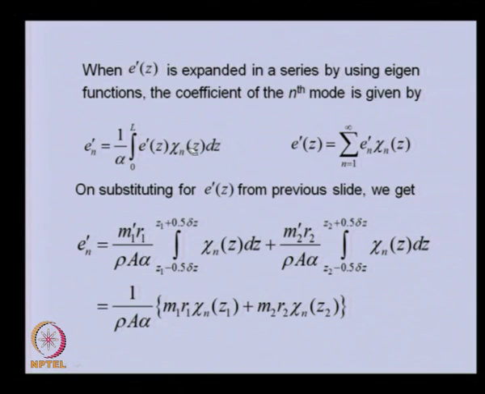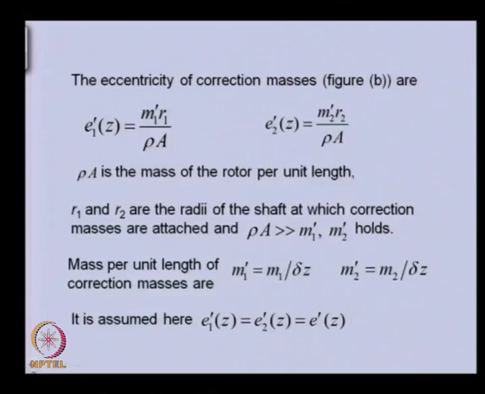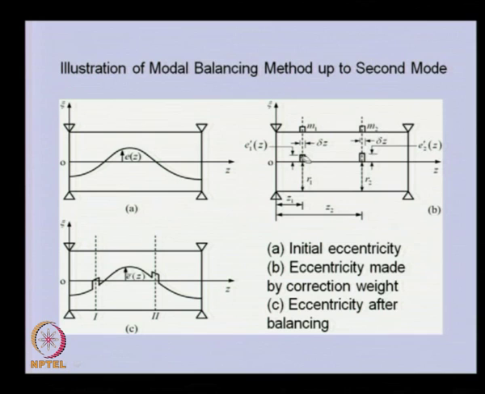Now, in this we are substituting the eccentricity, because over the length of the shaft the eccentricity is there only at two places. One is here and here over the length of the shaft, and we are assuming that these distances are z1 and z2, and around this the length of the shaft over which this eccentricity is distributed is delta z.